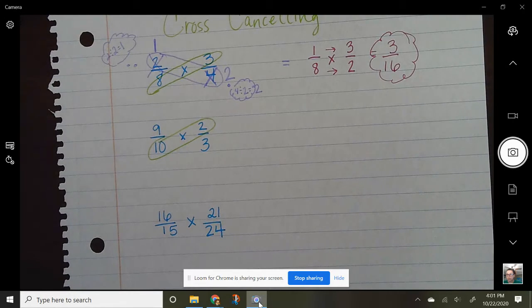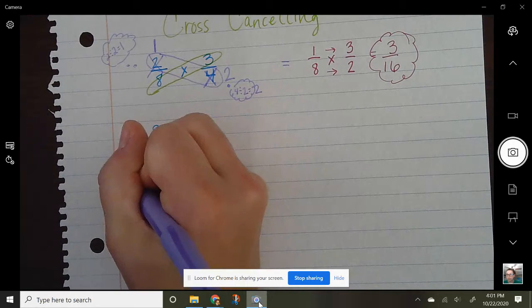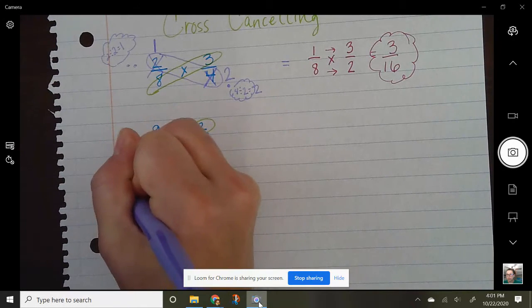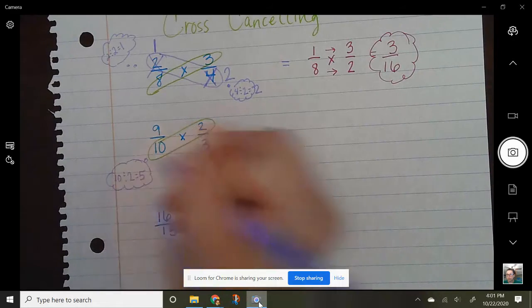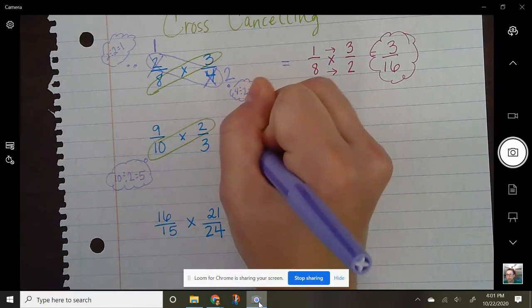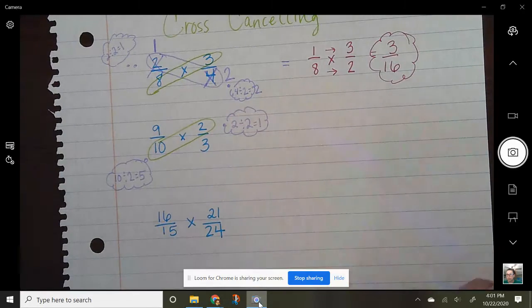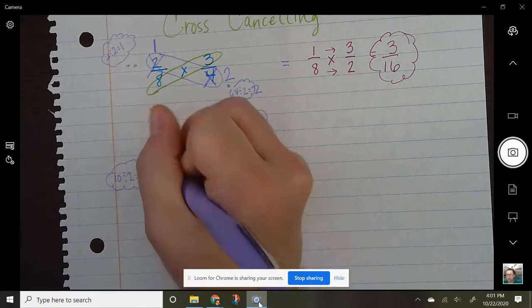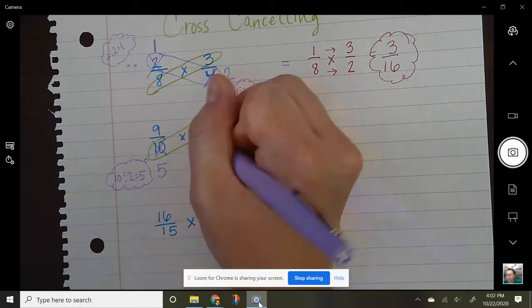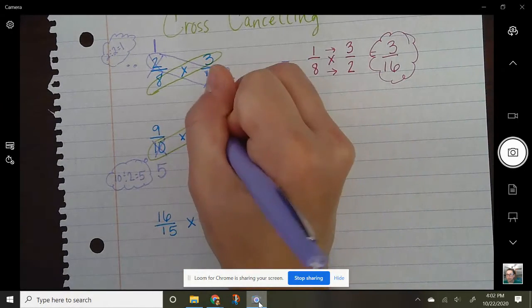So I can divide both of them by 2. So my brain is thinking 10 divided by 2 equals 5. And up here I am thinking 2 divided by 2 equals 1. So when I cross them out, I have a 5 here and I have a 1 here.